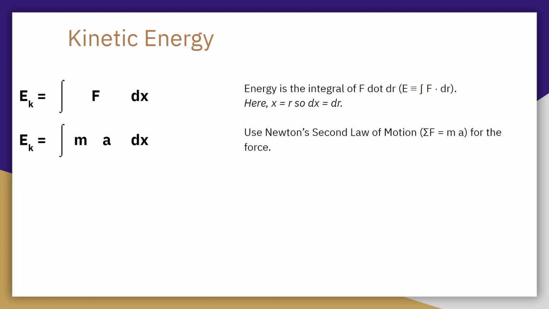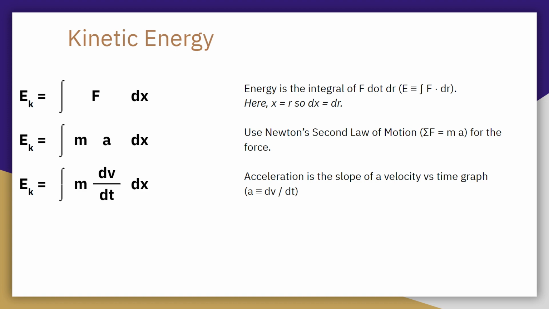We can use Newton's second law of motion, which is the sum of the force acting on a system is equal to the mass of the system times the acceleration of the system, which is why our EK is equal to the integral of ma dx. We can use our definition of acceleration, which is the slope of a velocity time graph, and substitute that in here. Acceleration is equal to dv over dt.